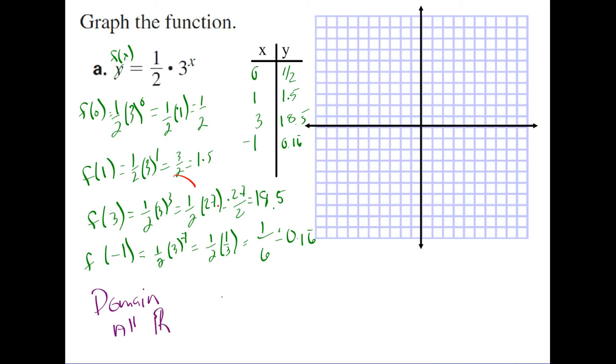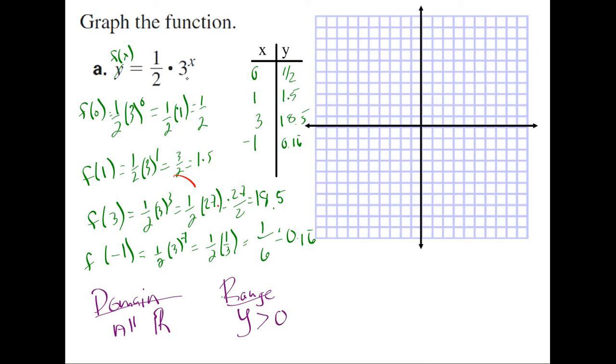We can put everything we want. There are no problems with the domain. We don't have division by 0 anywhere. But the range, on the other hand, what we have coming out, we're not going to get anything that's negative. There's no power of x I can use that's going to make this thing go negative, and anything positive comes out. So the range is y is always greater than 0.